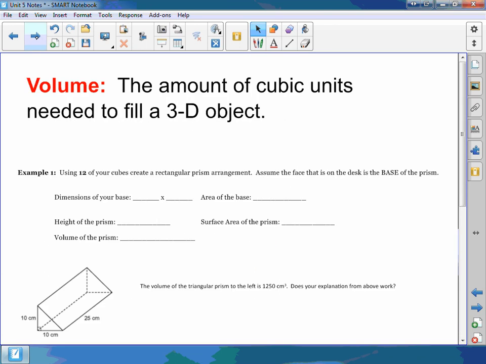How close were we on the definition here? You do not have to completely revise your definition. Some of you might have said something about the amount of cubes that would fit inside of an object. I don't know how many of you use the word fill.